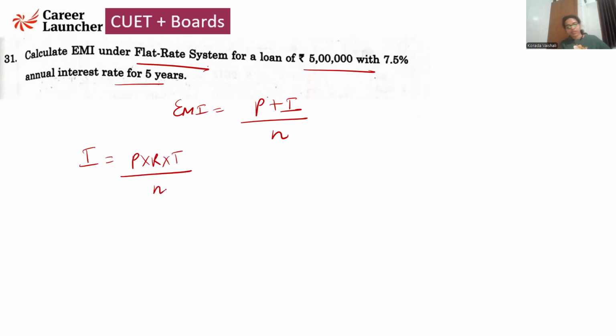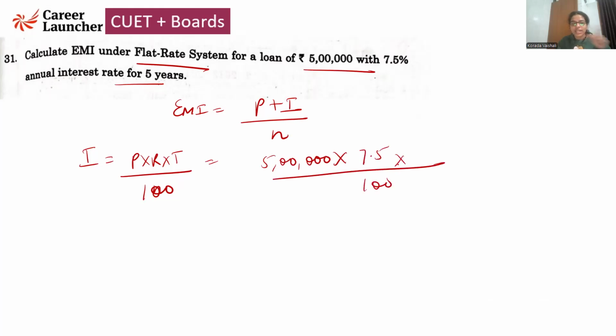Just focus on the fact that while calculating the simple interest, we always consider the time as the number of years. So what is my principal amount? It is 5 lakhs. What is the interest rate? It is 7.5 divided by 100, and the number of years is 5. If you solve this, you will get around 1,87,500 as the interest.